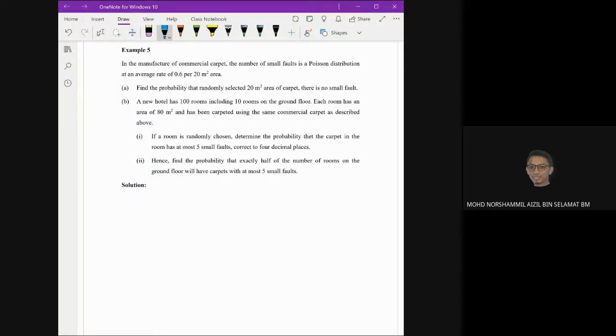Example number 5. In the manufacture of commercial carpet, the number of small faults is a Poisson distribution at an average rate of 0.6 per 20 meter square area. Masya Allah. Okay, ni clue dah. Ni Poisson. So, X Poisson 0.6.